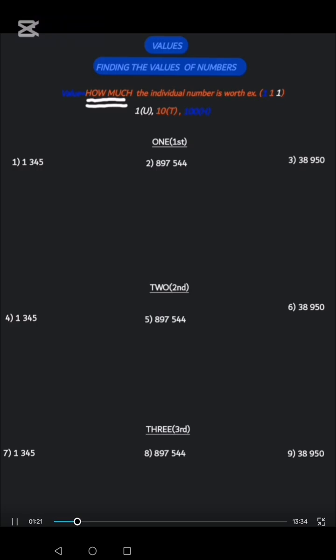Then this one is equal to 100 because it is in the hundreds position. And if this number is in the hundreds position, that means it is in the third last position of a number, or the third last digit in a number.